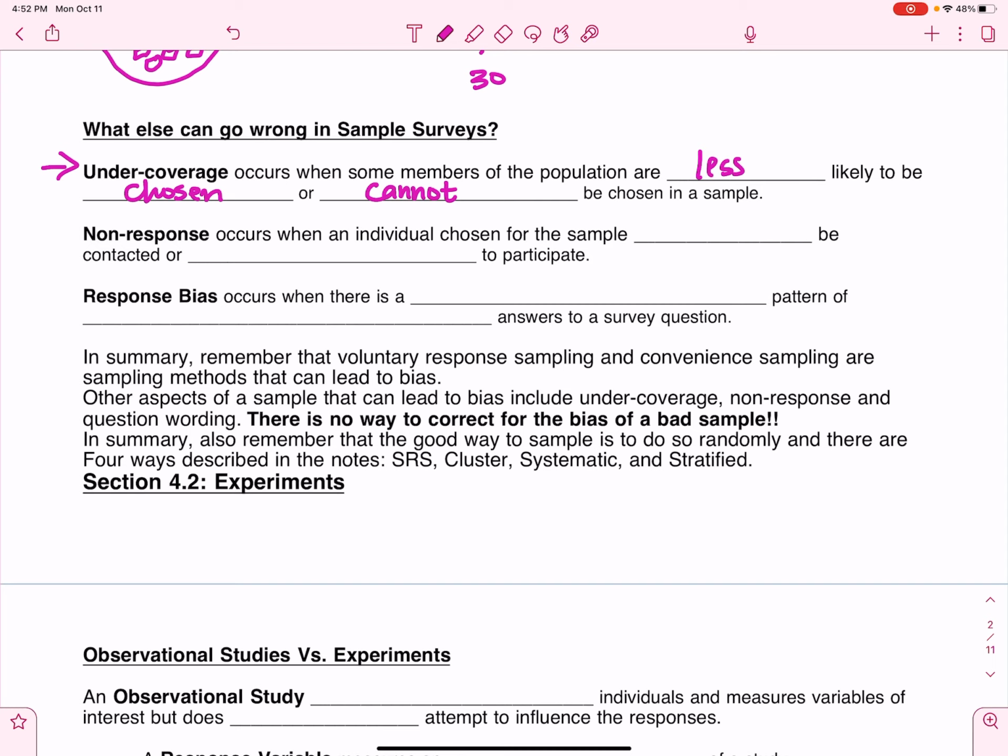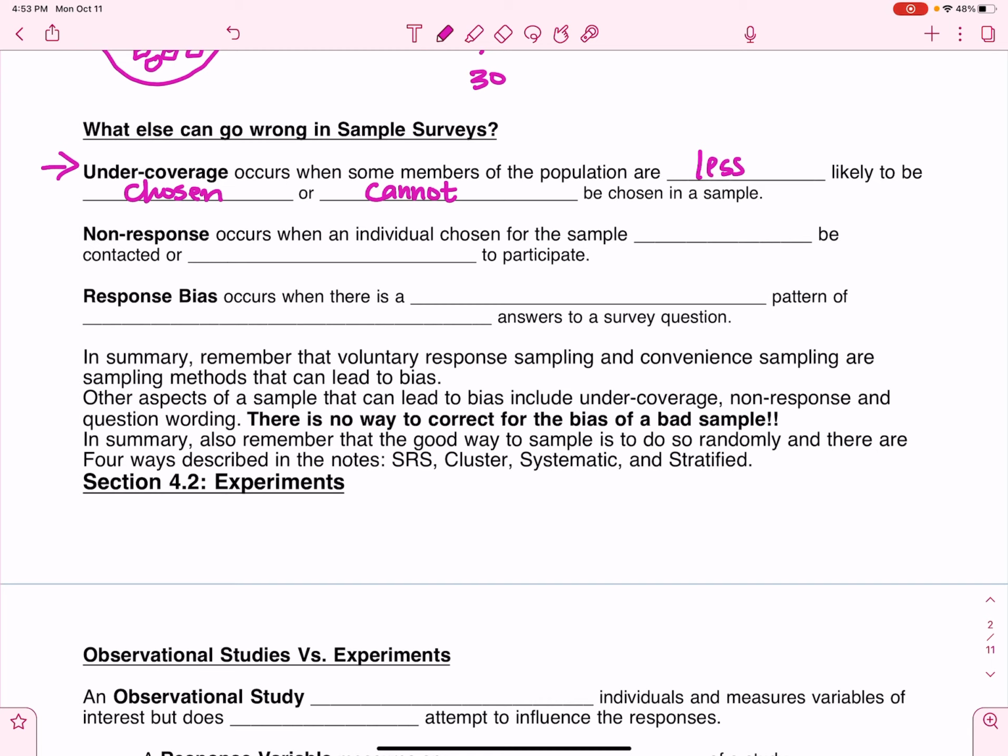So anytime you've got some people in the population that need to be included in a sample because it will better represent the population as a whole, and they're not being chosen for whatever reason, then that leads to undercoverage in your population. That means some group of people or some group of items or individuals in your survey is not being covered because for whatever reason they cannot respond or they're not chosen.